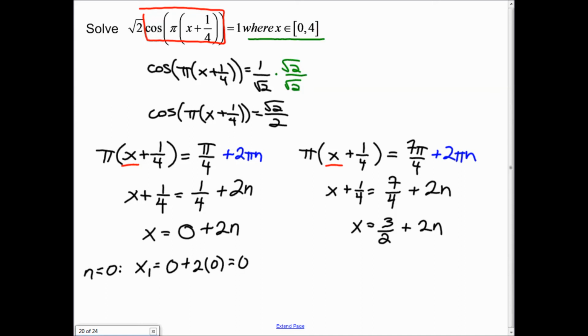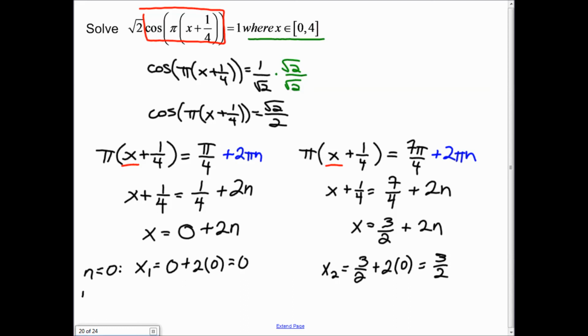And that falls within our range between 0 and 4. Our second value, still keeping n as 0, is going to give us 3 over 2 plus 2 times 0, which is equal to 3 over 2. And this is still within the range of 0 to 4.